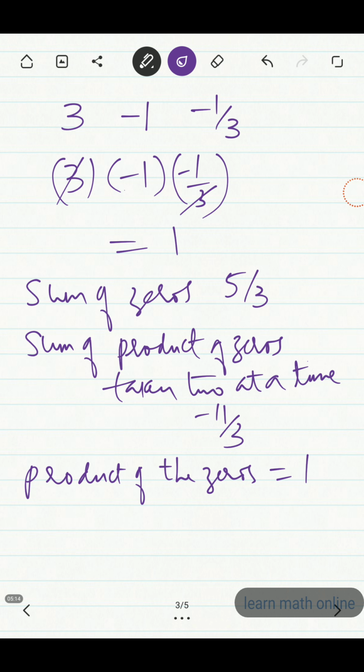So just remember these numbers: 5 by 3, minus 11 by 3, and 1.